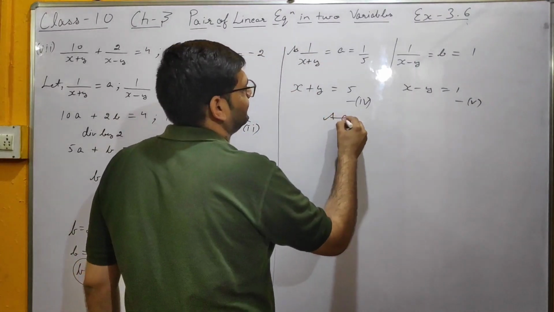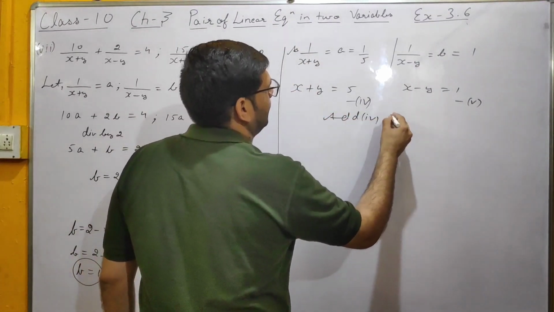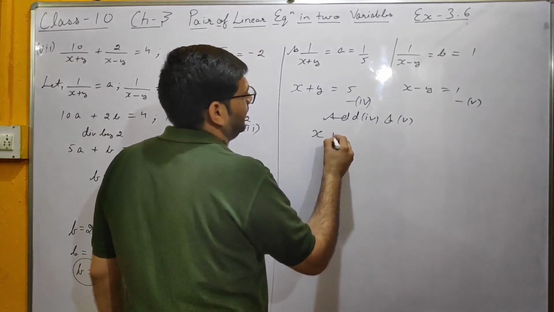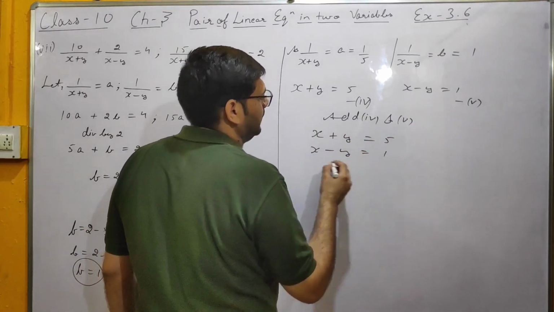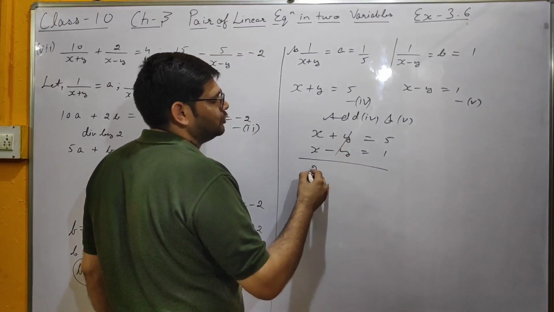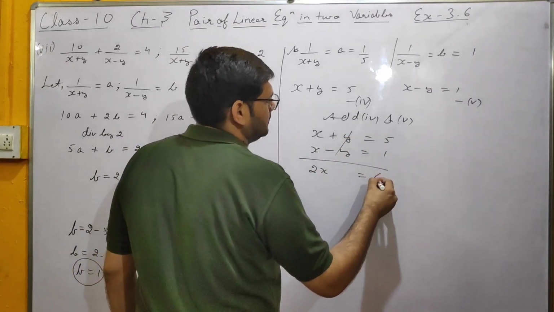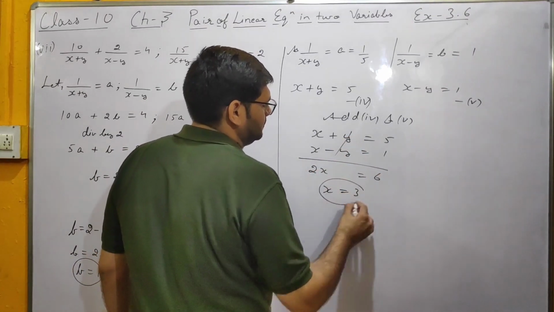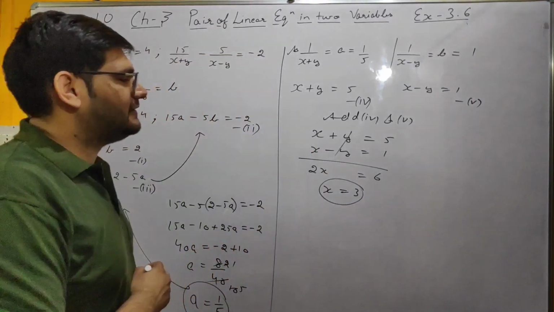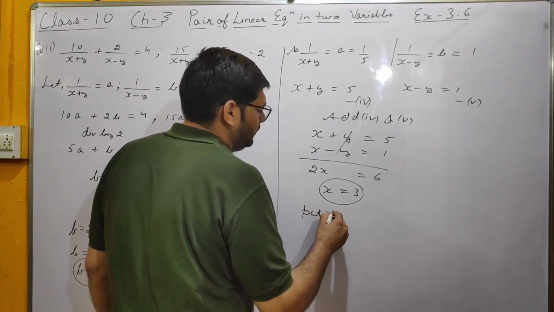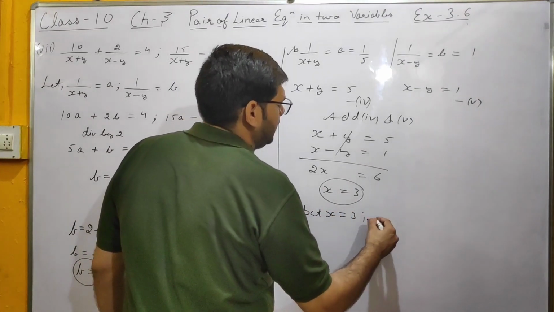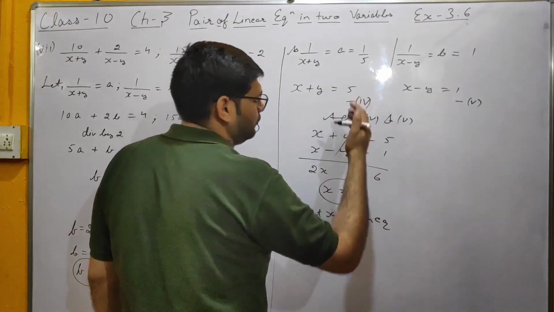Now add 4 and 5. So x plus y equals 5. x minus y equals 1. If you add, y will be cancelled. So 2x equals 6 and x equals 3. So the value of x is 3. Now put x equals 3 in equation number 4.